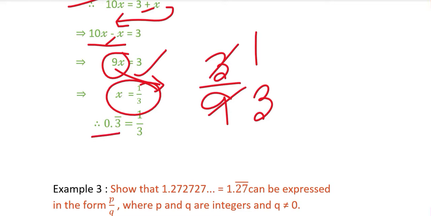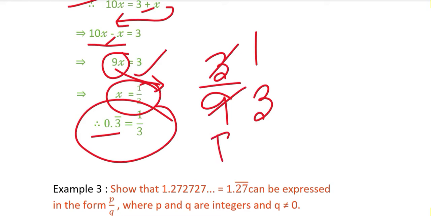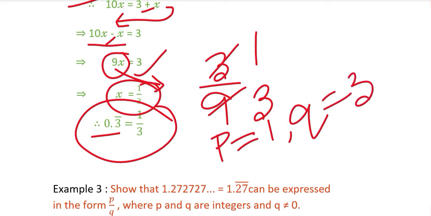So ultimately we got the result 0.3 bar is equal to 1 by 3. That means we have written it in the form of p by q, where p is equal to 1, q is equal to 3, and q is non-zero, obviously. Both 1 and 3 are integers. Hence we have shown it.